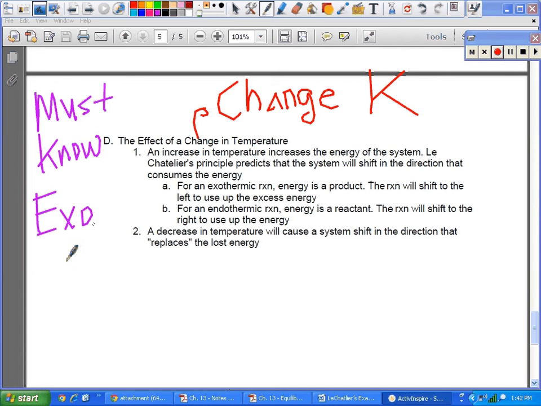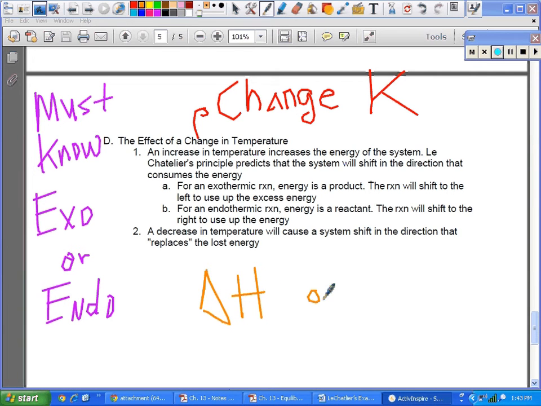First of all, what will tell you the temperature is what you're looking for? You have to look for a delta H value, or something that says heat energy.